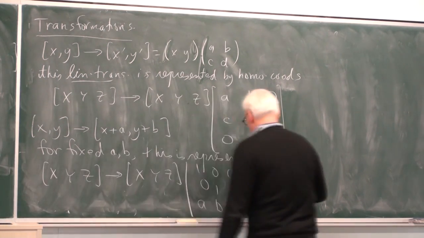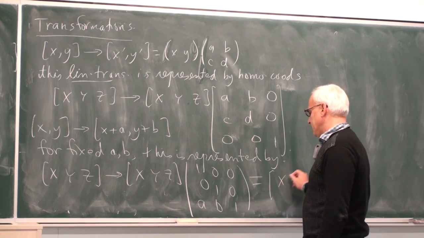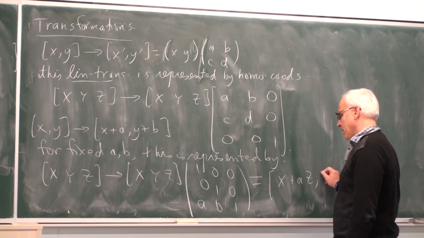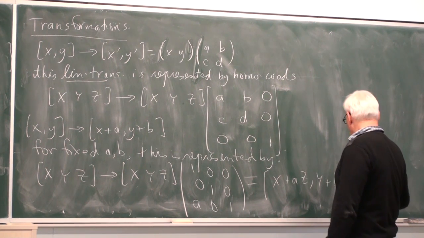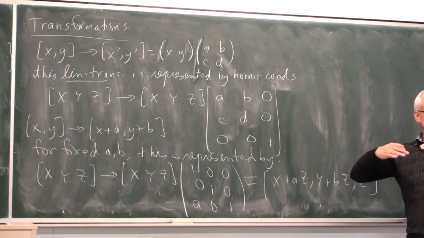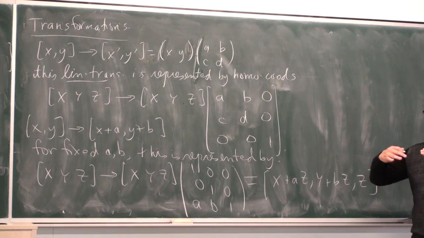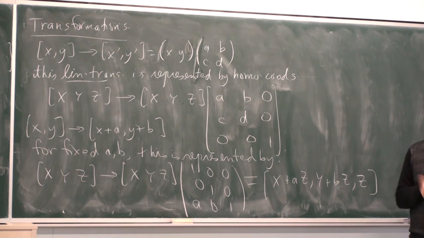If we do the multiplication, this is x plus az, y plus bz, comma z. But if you restrict yourself to the z equals 1 plane, then this linear transformation acts as a translation in the z equals 1 plane.